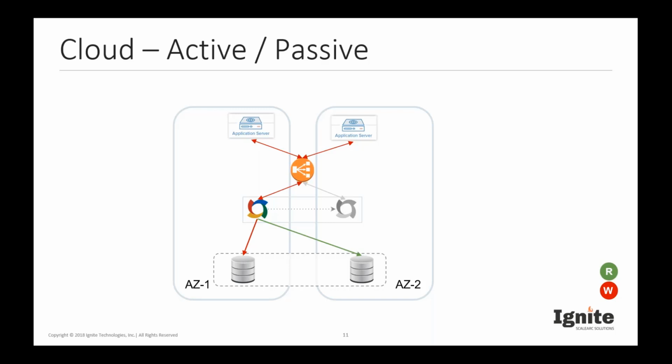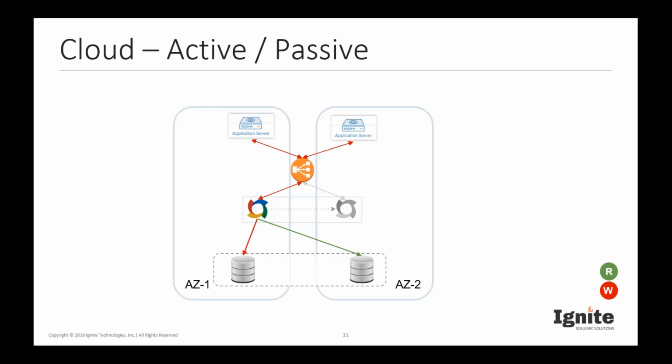The load balancer can then redirect traffic to your active instance, and the passive instance will constantly monitor and replicate from the active instance, and in case of any failure, it will promote itself to being the active instance, and as such, it will start accepting traffic from the load balancer. And this is the first, the simplest kind of deployment within cloud.